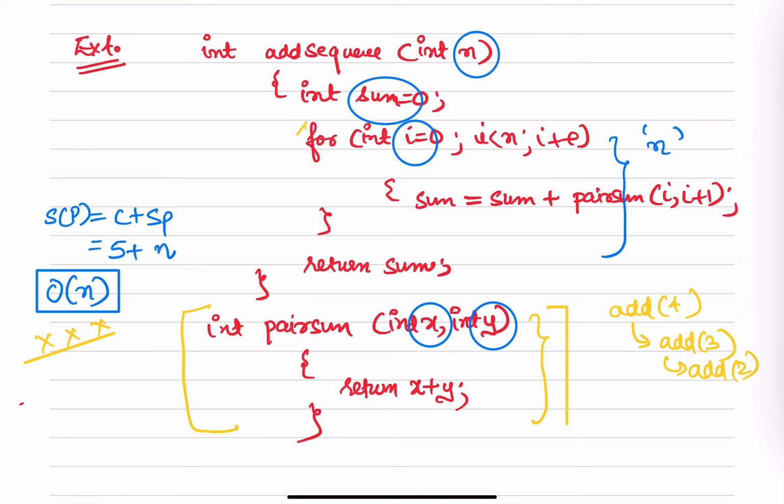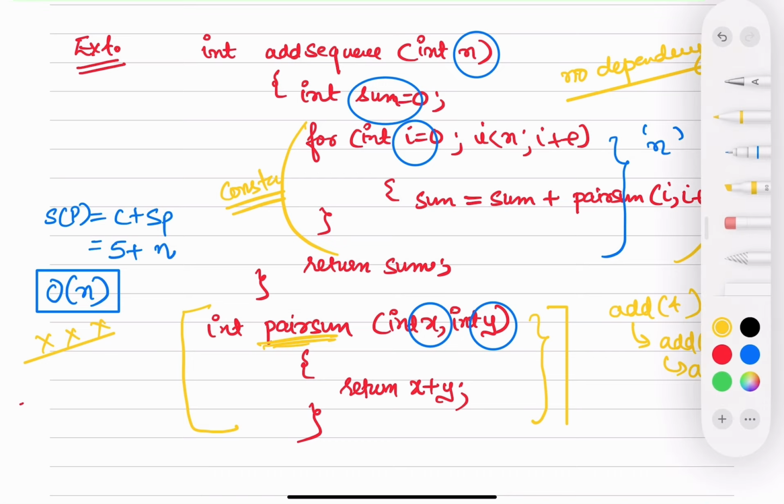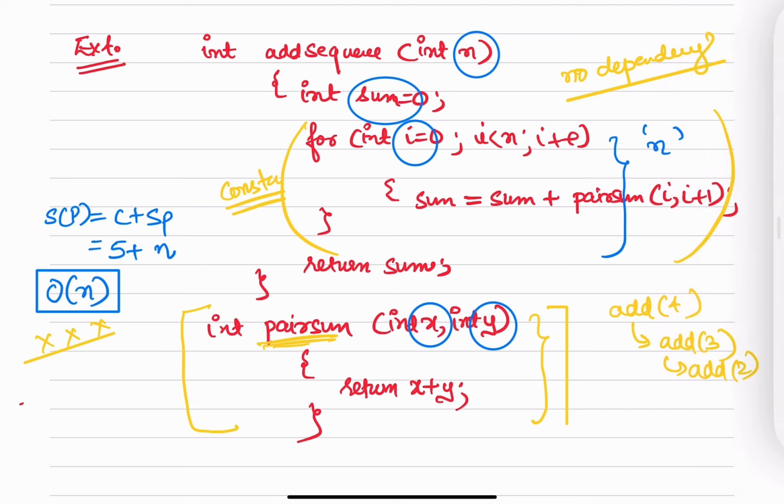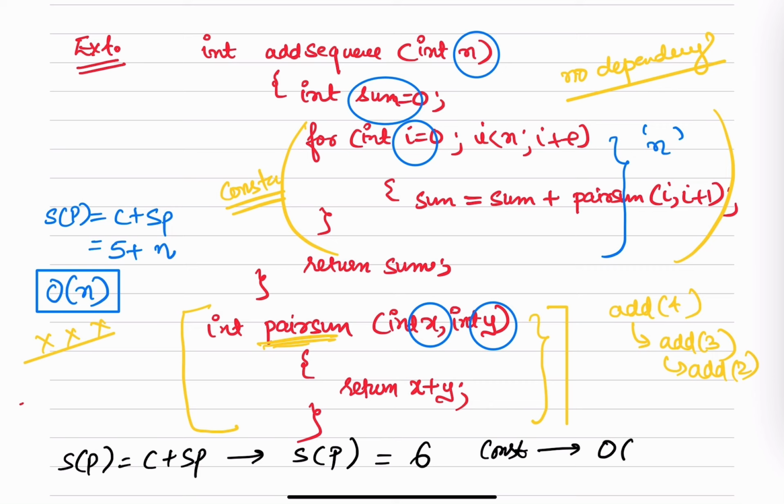So when they do not go simultaneously, it acts as a constant unit, right? So therefore S of P is equal to C plus Sp, which means S of P is equal to 6, which is nothing but constant, which is nothing but O of 1.